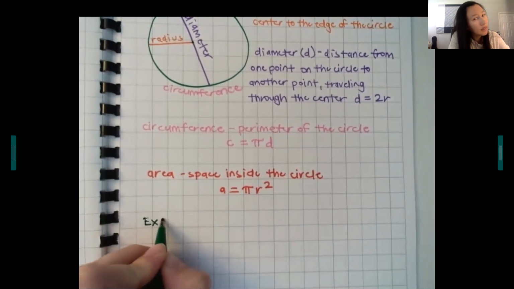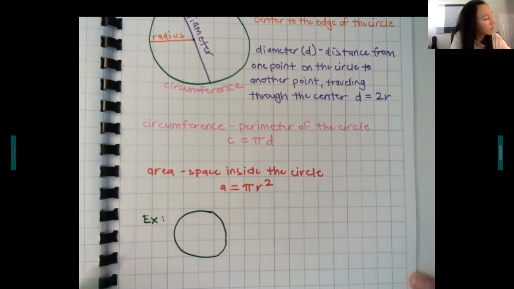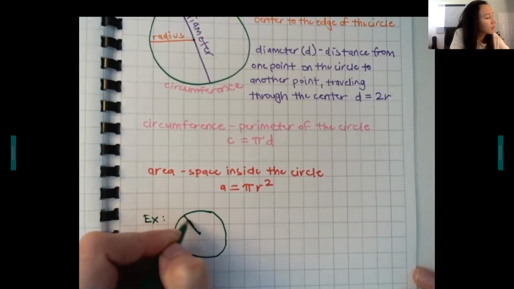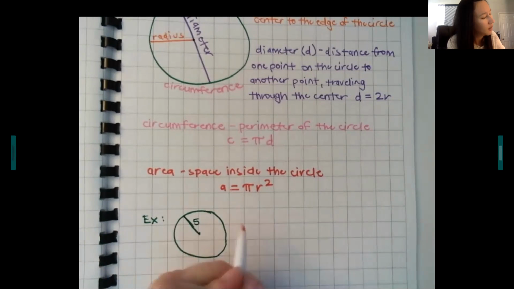So let's do an example. Okay, so we're going to find the radius, the diameter, the circumference, and the area. So our radius is given.